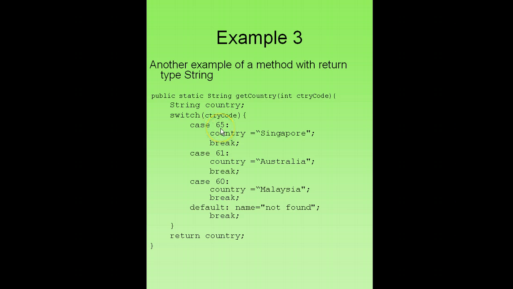If it's 65, the country will be Singapore. If it's 61, the country is Australia. If it's 60, Malaysia, and else it's not found. After that, we will return the country. So it's either Singapore, Australia, Malaysia, or not found. The country is a string, hence the return type is string.